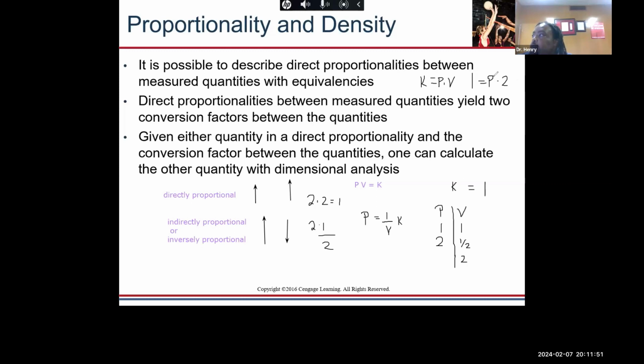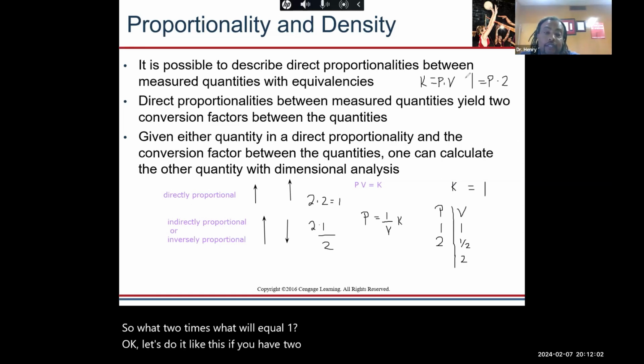What, 2 times what will equal 1? Okay, let's do it like this. If you have $2 and we want to get to $1, what do I need to do?